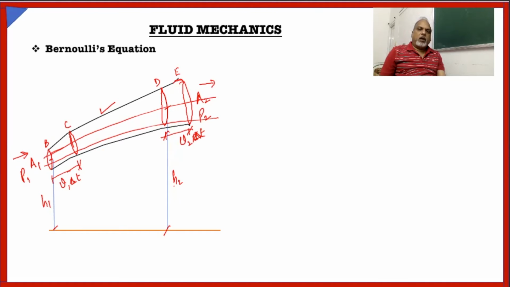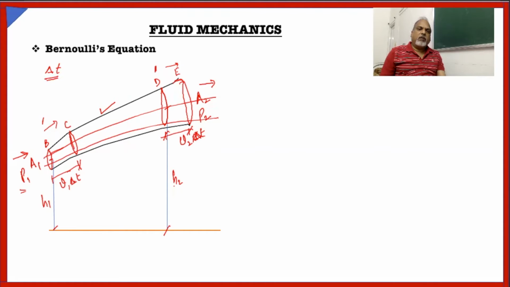Here at B end, the pressure is P1 and area is A1, and at the E end, the pressure is P2 and area is A2. Now let us consider the liquid lying between B and D. This liquid is advancing to C, and here from D to E, in delta T time.